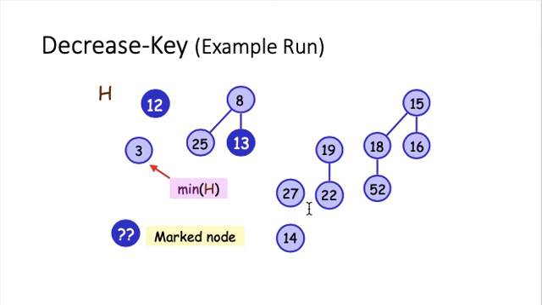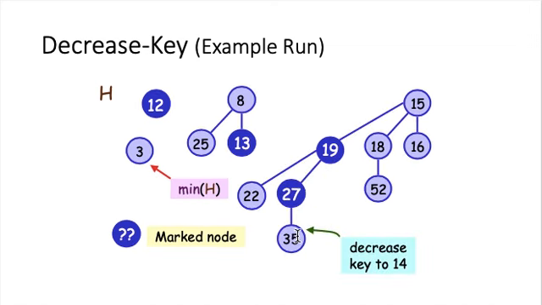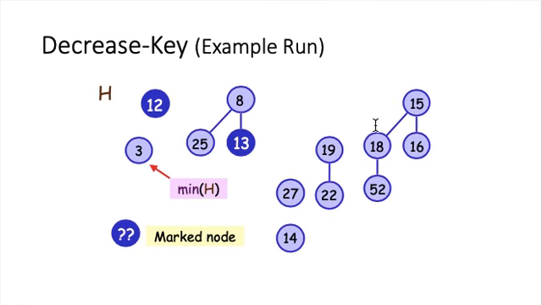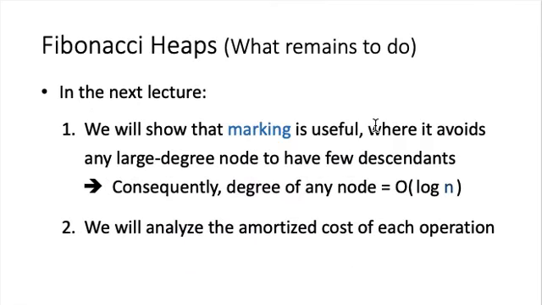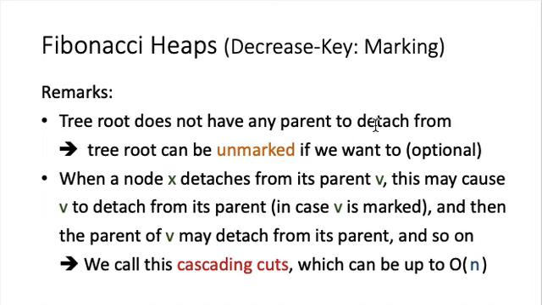For instance, when this node is changed to a smaller value, it creates a cut. Then it creates the scenario that the parent of this one, this node 27, also creates a cut. And then after that, this 19 also creates this cut. So in that case, there could be a series of cuts involved, and this series of cuts we call cascading cuts.